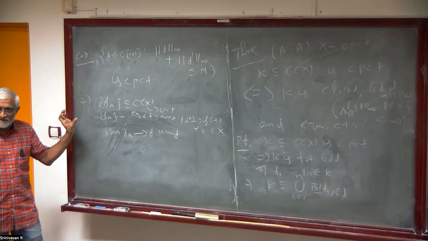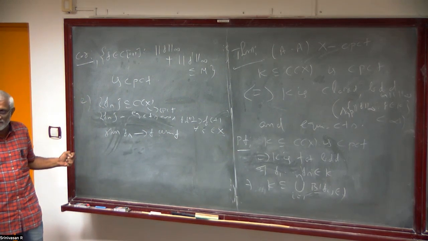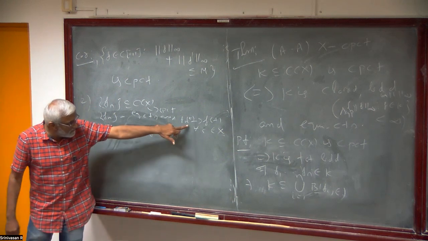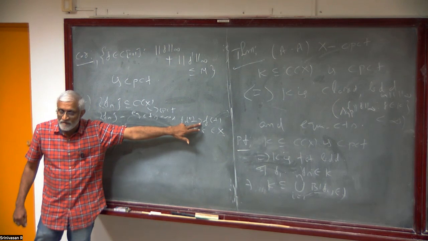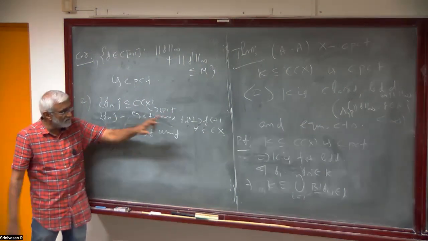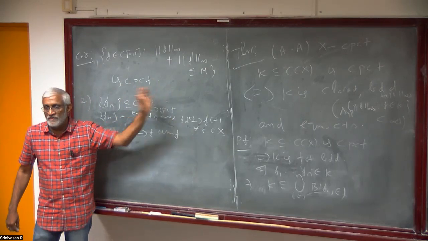You take a subsequence of this Fn. Because it is equicontinuous, there is a further subsequence that will converge uniformly, and the limit cannot be different because pointwise it converges to F. So every subsequence has a further subsequence which converges uniformly to F. Okay. So Fn has to converge to F uniformly.